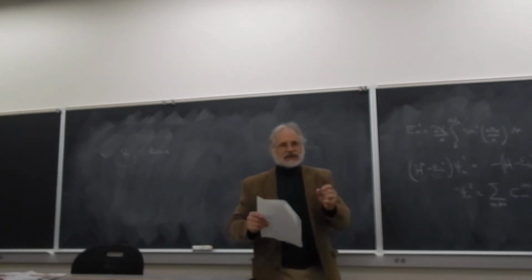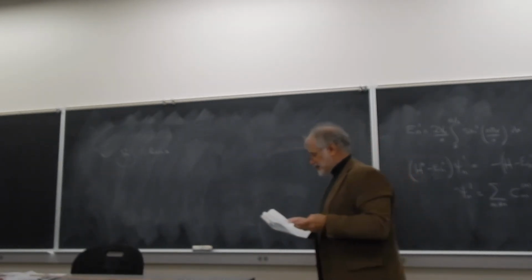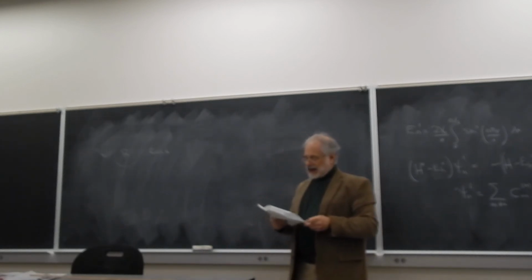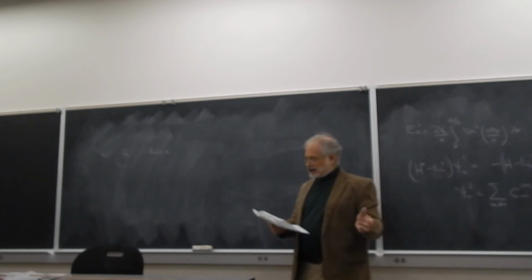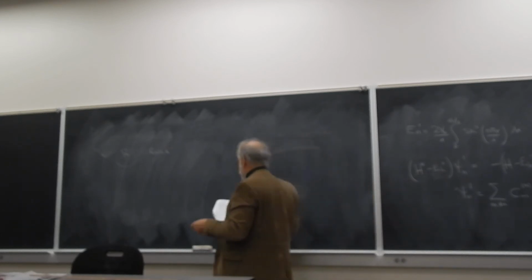So the size of the proton is much less than the size of the atom itself. Using first order perturbation theory, I want to calculate the changing binding energy for hydrogen because the proton has some extent.